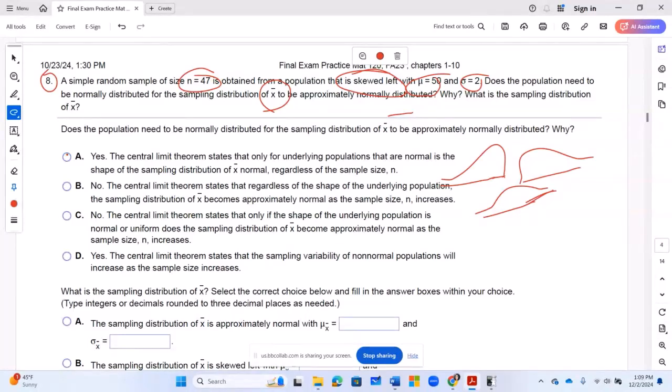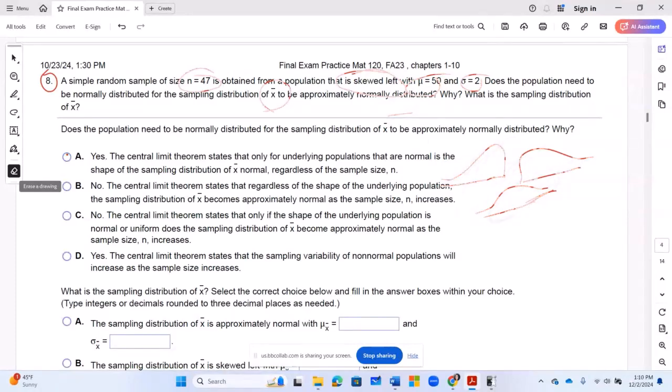So you really want to make sure that you know that part of the definition. Okay, now that we have reminded ourselves of the definition of the central limit theorem, we can answer the question.